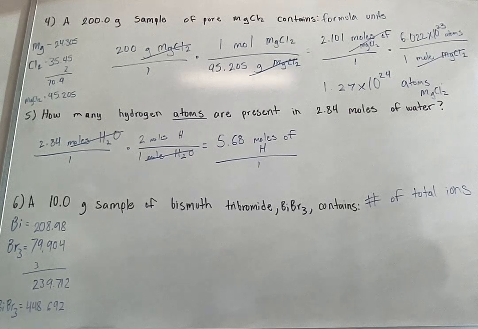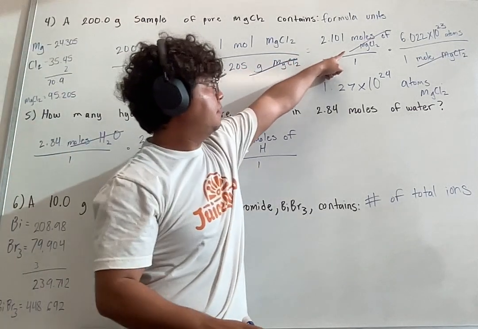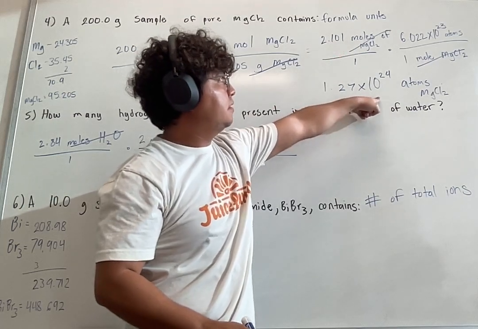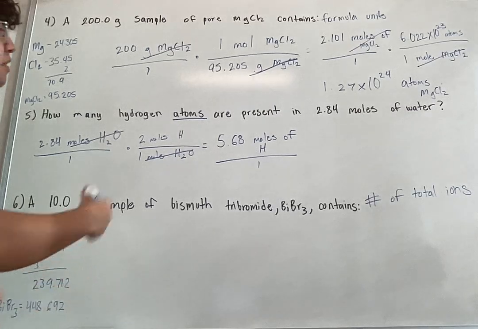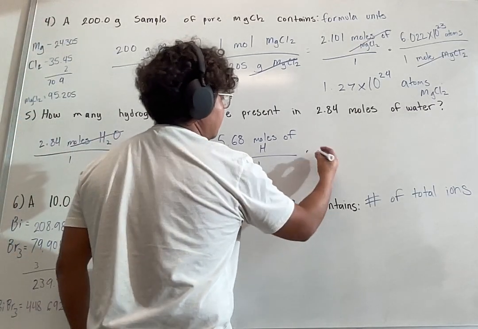Okay, so now that we got the moles of hydrogen, remember, how did we go from moles to atoms? You multiply by 6.022 times 10 to the 23rd. You would do the same thing right here.